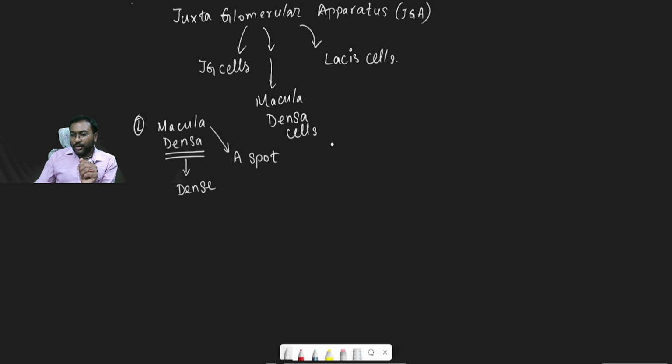So now if we try to draw the DCT, here this kind of structure we have seen in my first video. I have already mentioned the structure of the juxtaglomerular apparatus, where I have already shown where the macula densa cell is present. So this is the portion of the juxtaglomerular apparatus where this is the DCT part.